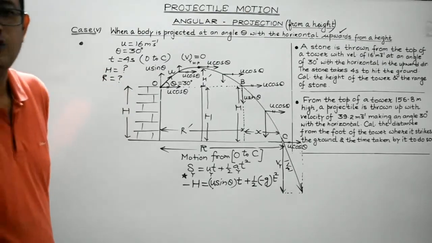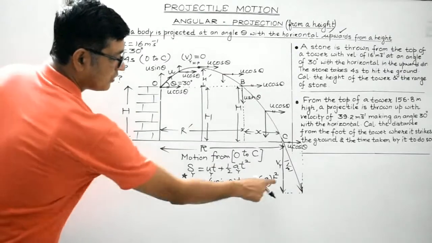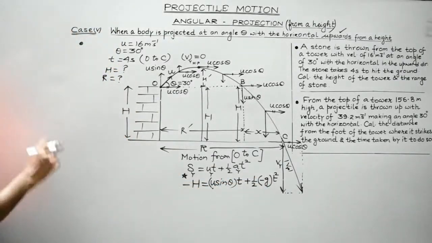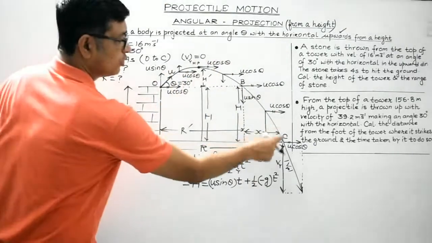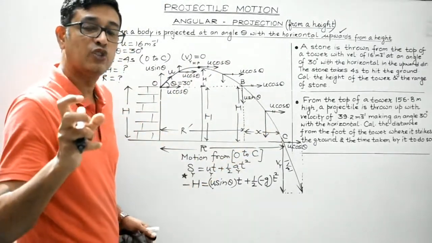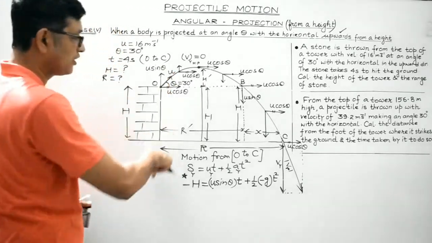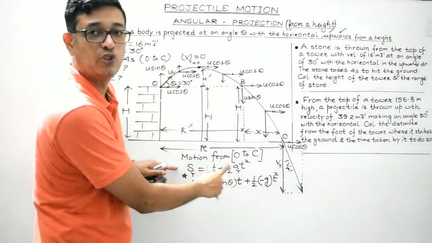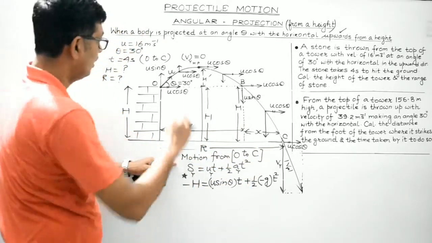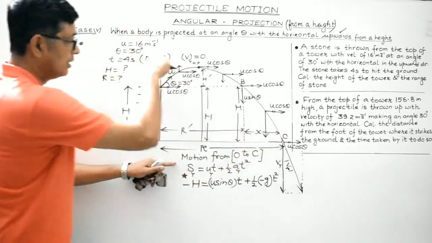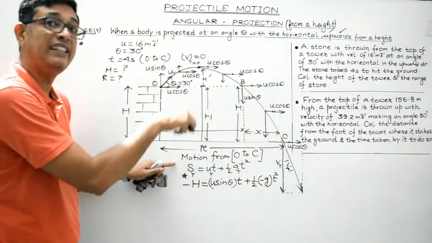Right? So let's do it. We are aware of this equation, students. Again, I'll explain. Consider the motion from O to C, and let's make use of the kinematic second equation of motion along the vertical direction, because h is to be found. So it is s equals ut plus half at square, along the y direction. In time t, the body has covered a vertical displacement of h towards the negative y-axis.